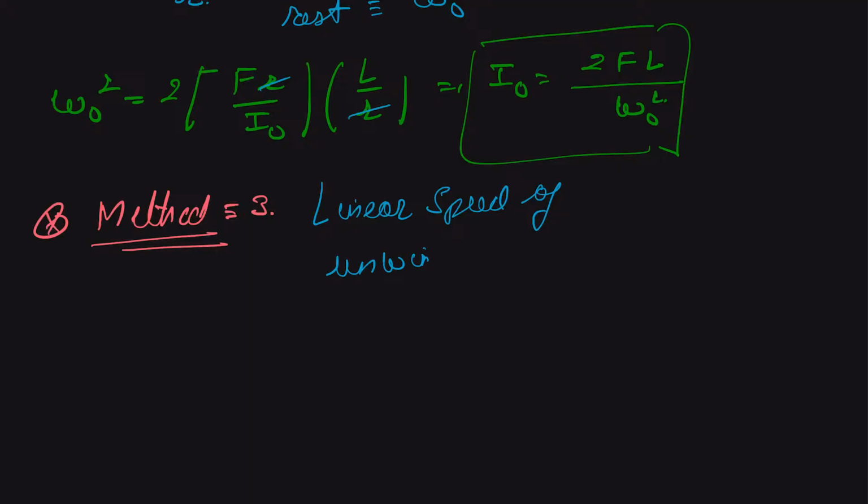This v will obviously be equal to r times omega, and omega we can write as alpha t, so v is r alpha t. The total unwound length is L.